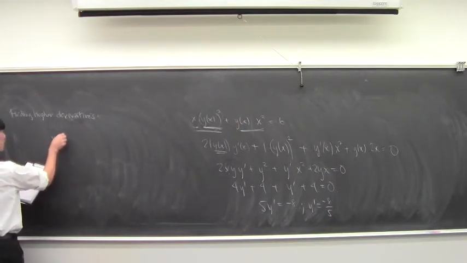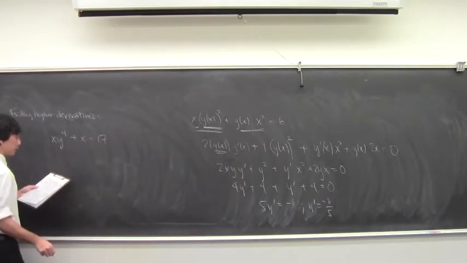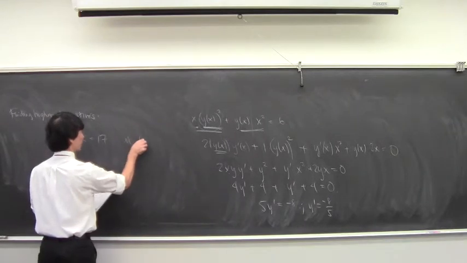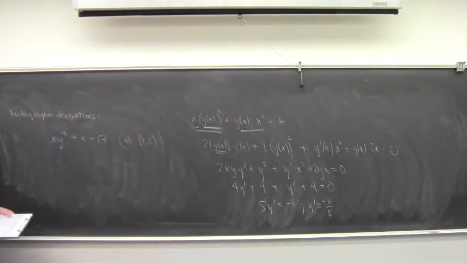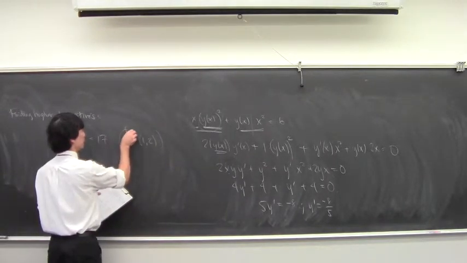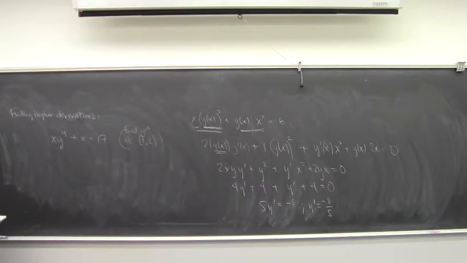So xy^4 plus x equals 17 at (1, 2). So we're going to find, say, y double prime at (1, 2).